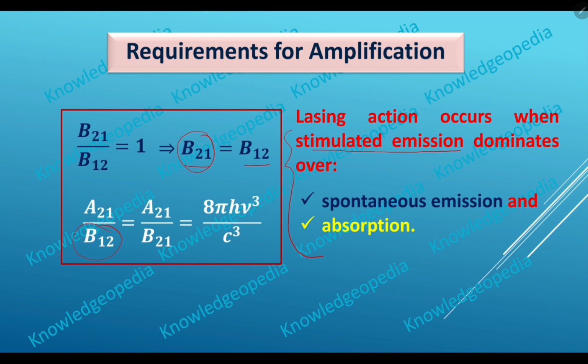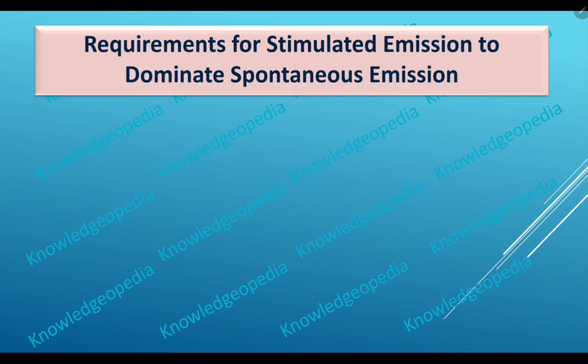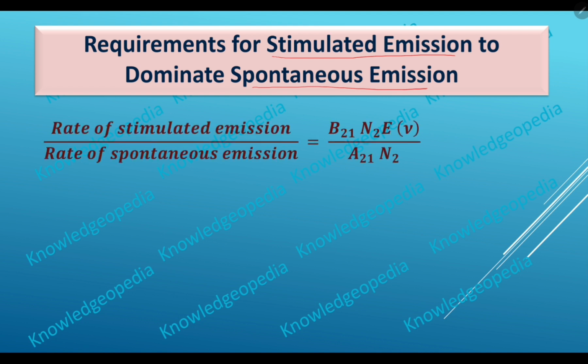First we will see when stimulated emission will dominate over spontaneous emission. Under which condition will this happen? For doing that, we will find the ratio between the rate of stimulated emission and the rate of spontaneous emission.